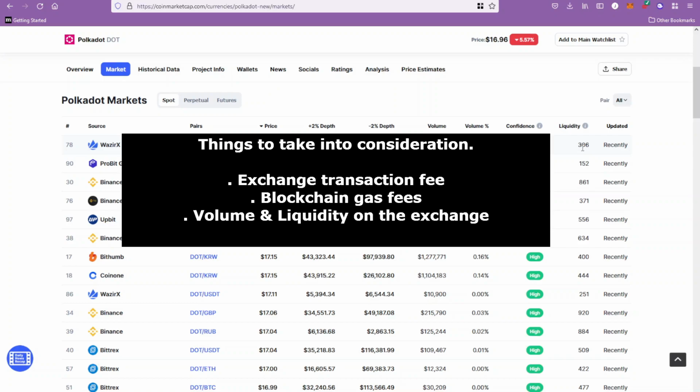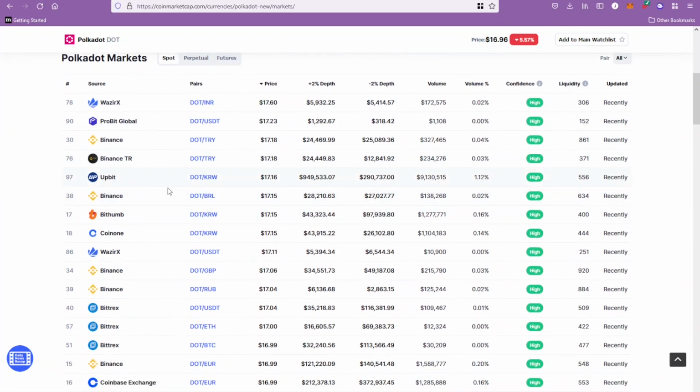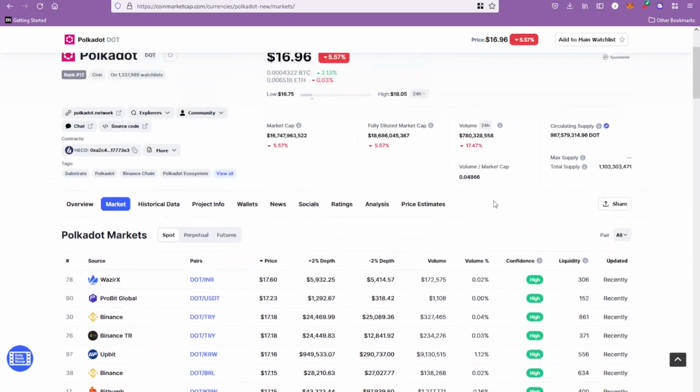The prices could vary before you're finally able to finalize your transaction, and therefore you could end up losing some money. So it's always important that you don't take too much of a risk, and you make sure you're using an exchange that has enough volume and enough liquidity so your transactions can go through.